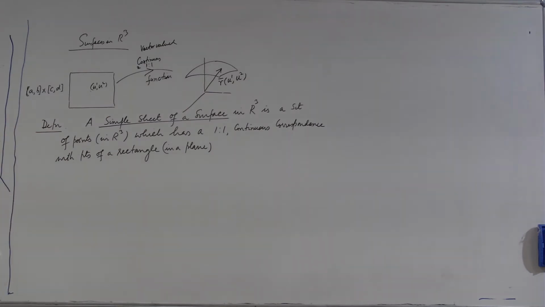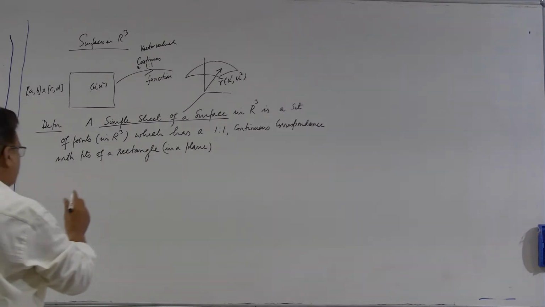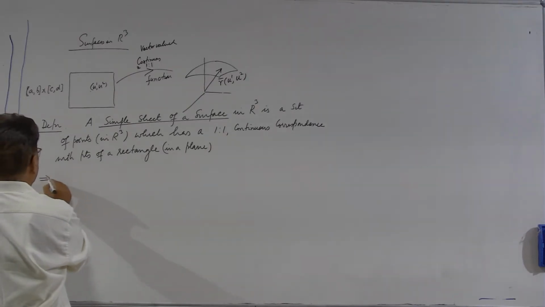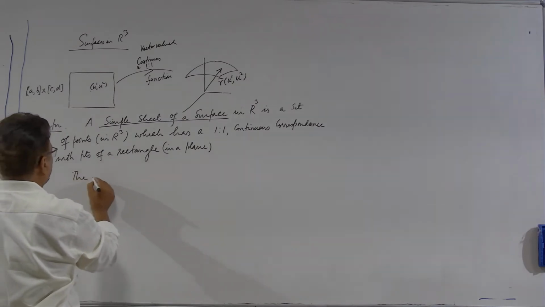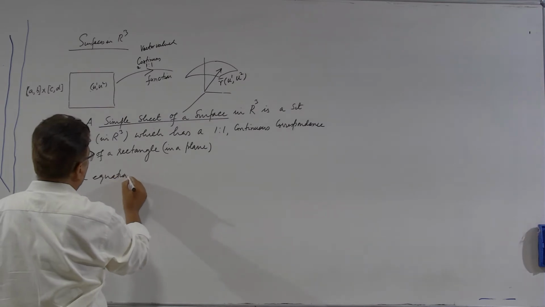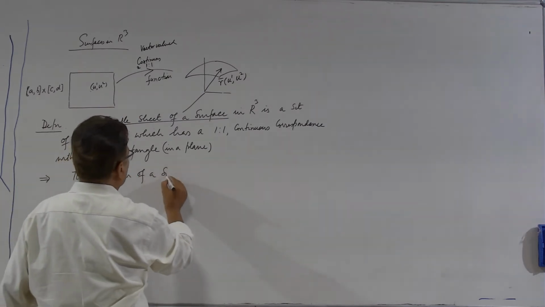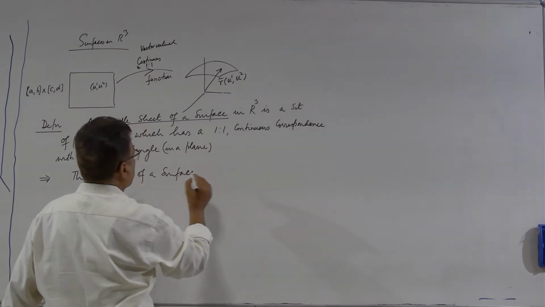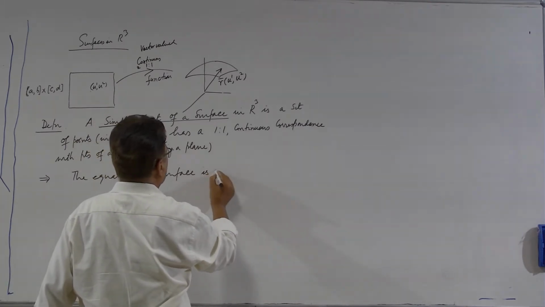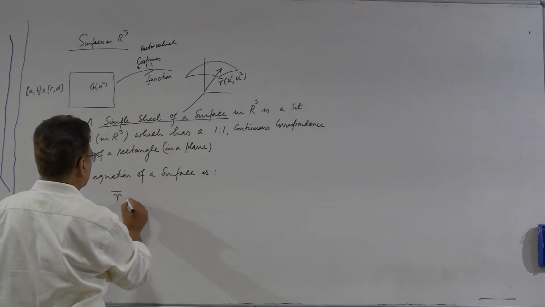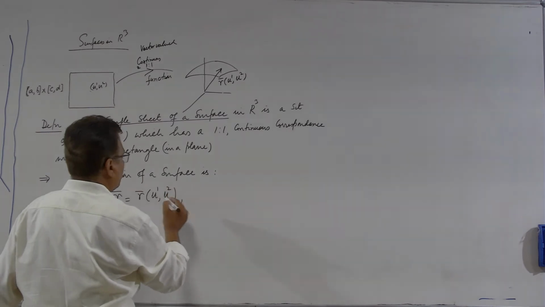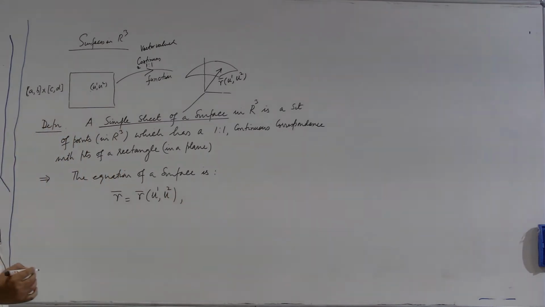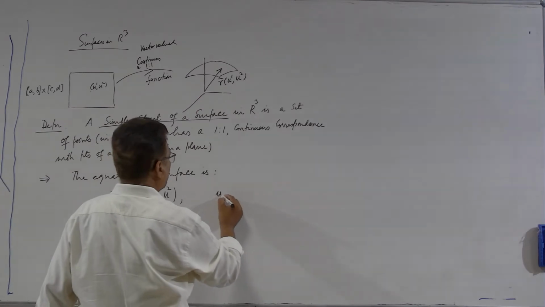So, from the above discussion, the equation of a surface emerges as R = R(u1, u2), where u1 u2 are called the parameters of the surface and they are varying over certain intervals.